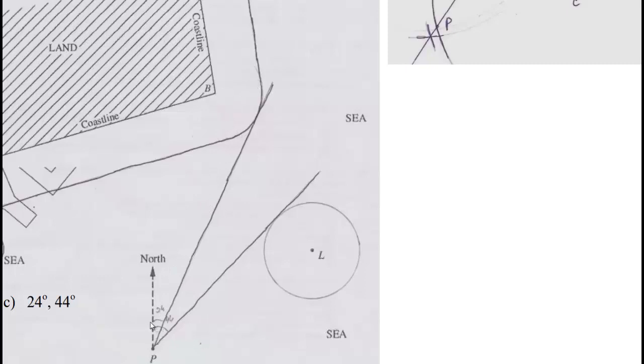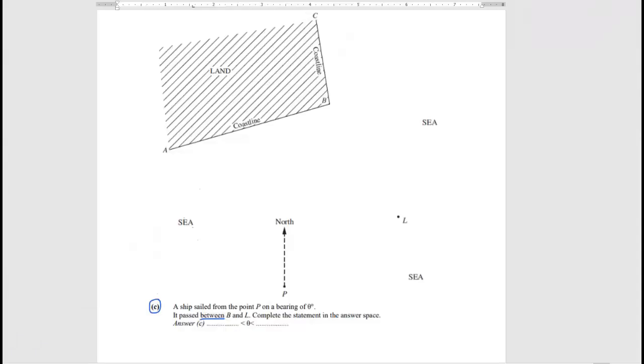If the ship tries to move more than 44 degree bearing, then the ship has to move inside the circle, which is the restriction, that the ship should not come inside the circle. So here we will write 24 and here 44.